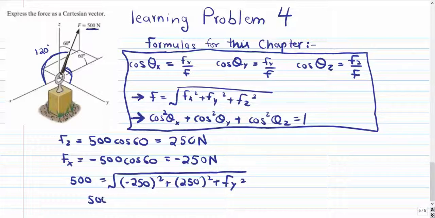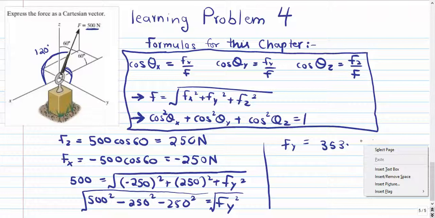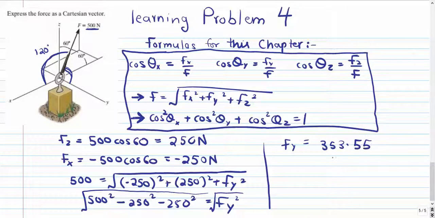Okay, so 500 squared minus 250 squared minus 250 squared should be equal to Fy squared. And once we take the square root of both sides, we get Fy equal to 353.55, and we can round this off to 354.